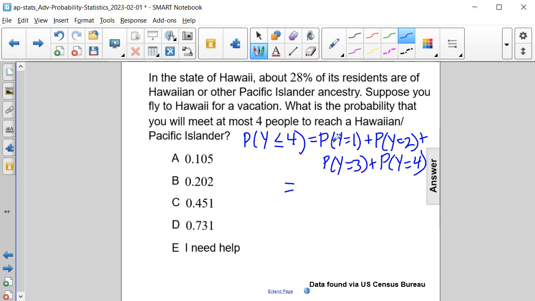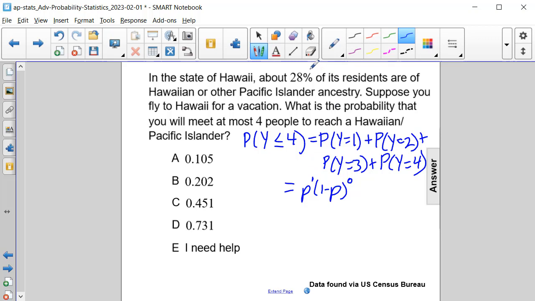So the probability that y is equal to 1 is going to be our p-value times 1 minus p raised to the 0 power, because this is to the first. And this is happening, and then this would be 1 minus 1, which is how we get 0.